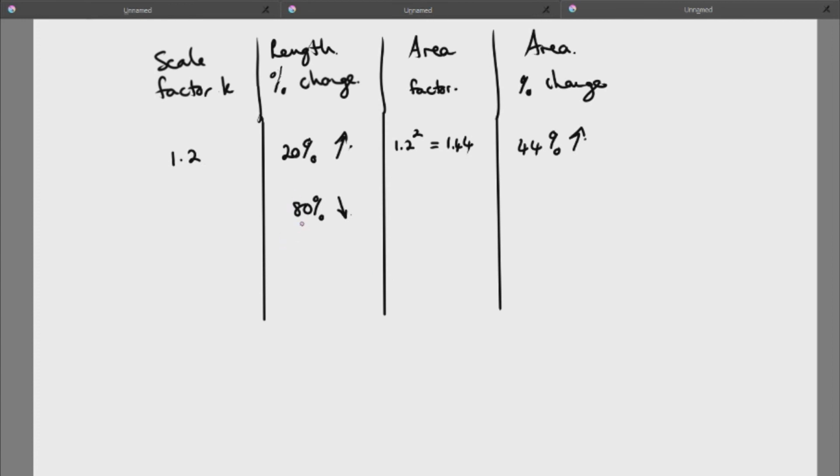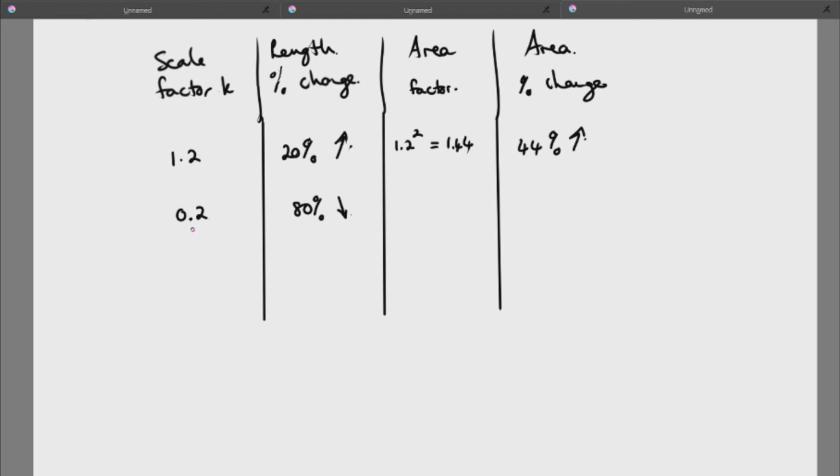So if I decrease something by 80%, what is the decimal? It's down from 1 or 100%, and I get 0.2. It's so far down, it doesn't happen often, but it could happen. All right.